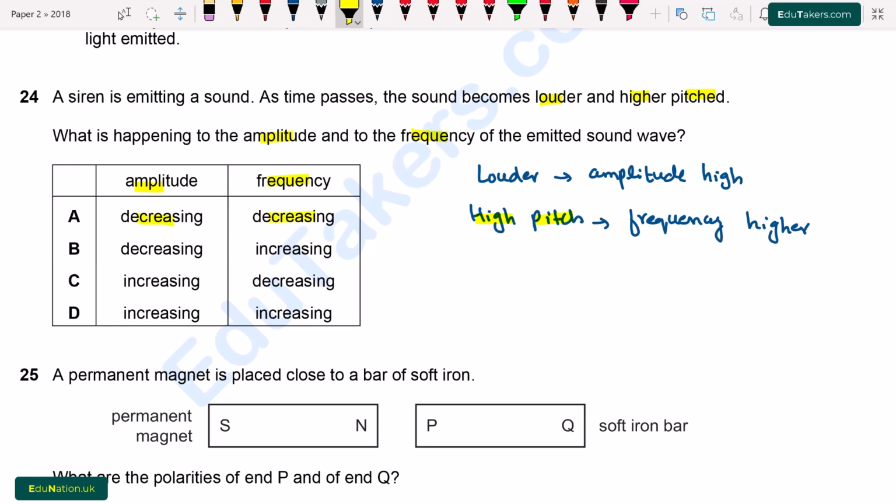This is incorrect because both of these increase. B, decreasing. This is also incorrect. C, increasing. This option is also incorrect. Option D, increasing. So as the sound becomes louder and higher pitched, the amplitude and frequency both increase. So option D is correct from here.